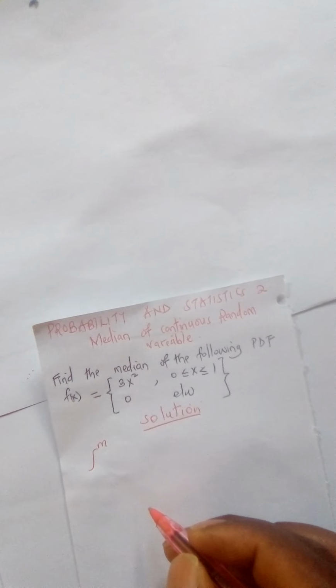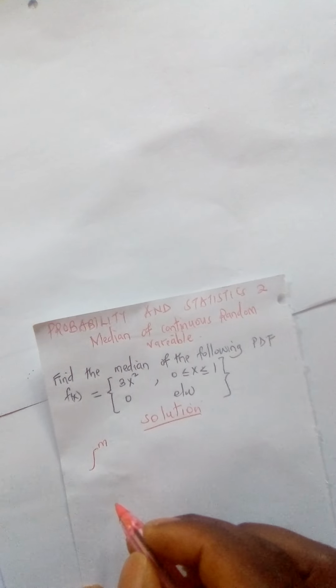So once we are in a position of getting m, already we shall be in a position of getting the median. Then since m is at the upper limit, the lower limit can go as far as negative infinity, because we can't estimate the exact value of the lower limit. So here we say it is negative infinity.